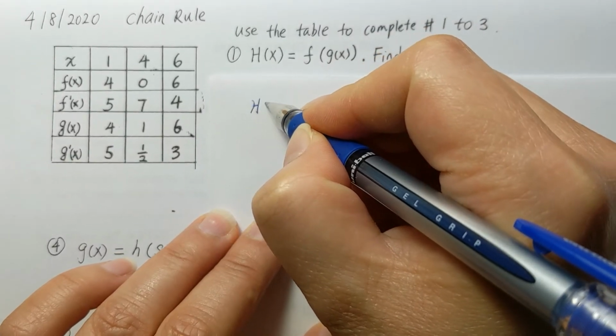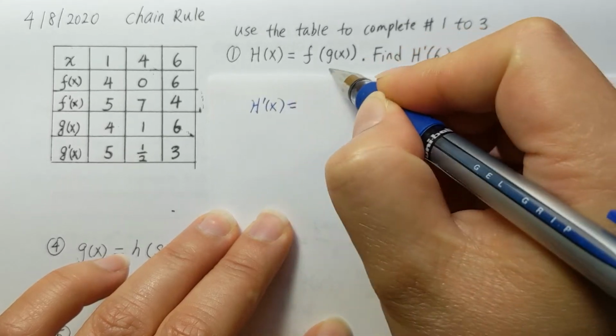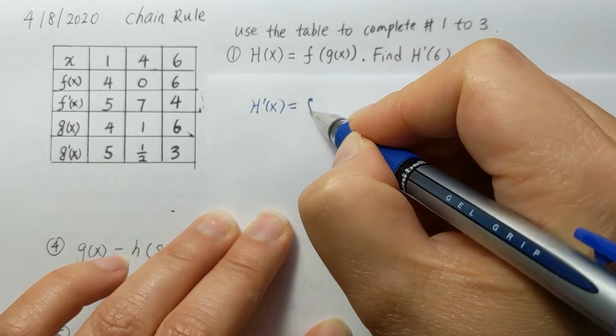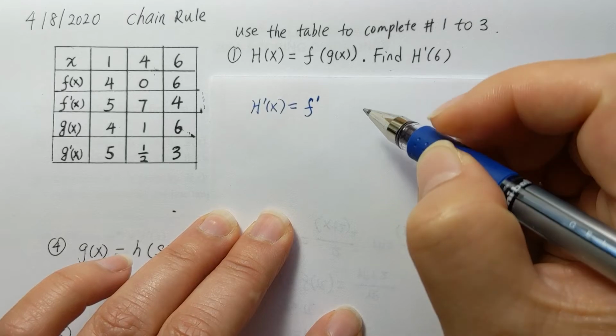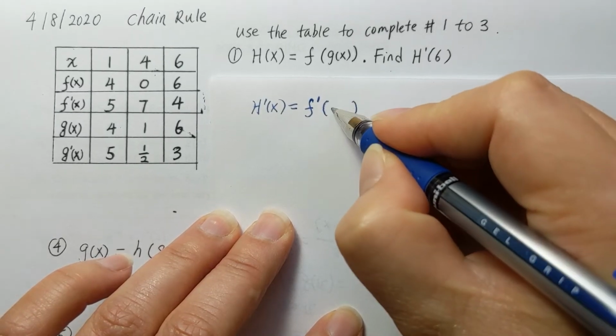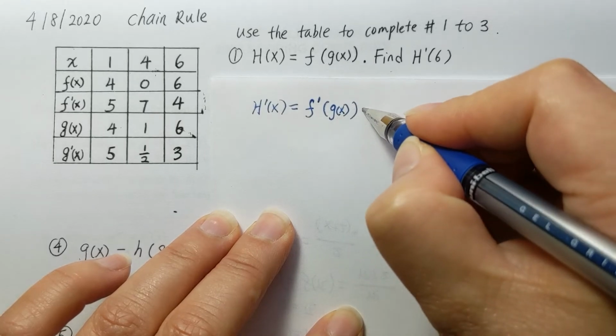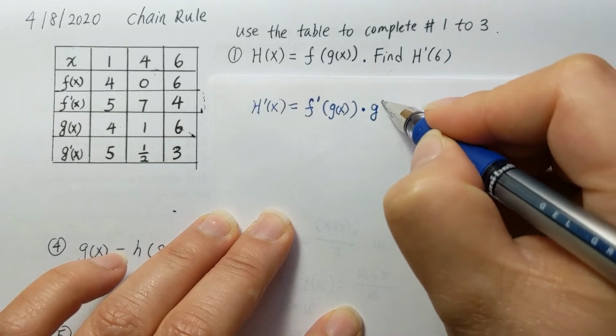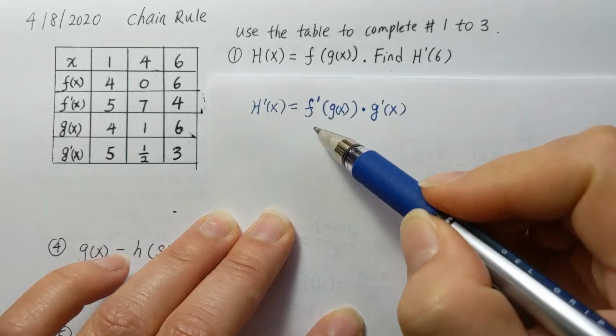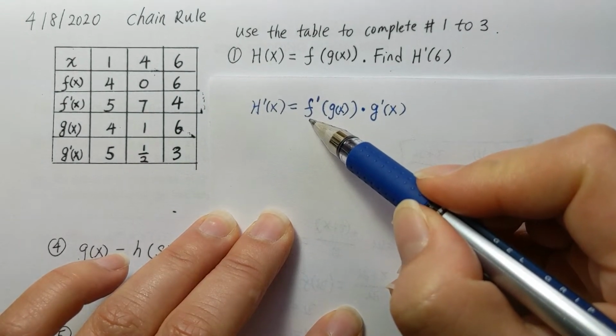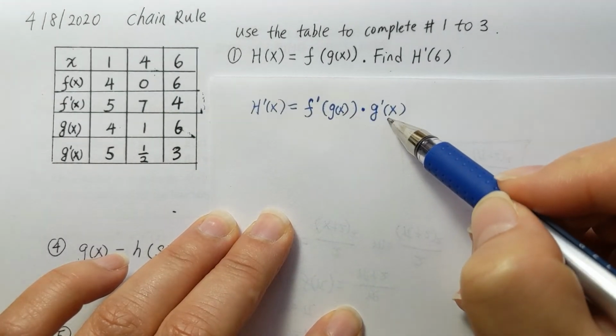So the chain rule tells us to find the derivative of the outer, which is f prime, and you keep everything else the same. As soon as you finish the inner, you multiply the derivative of the inner. So basically it's the derivative of the outer function multiply the derivative of the inner function.